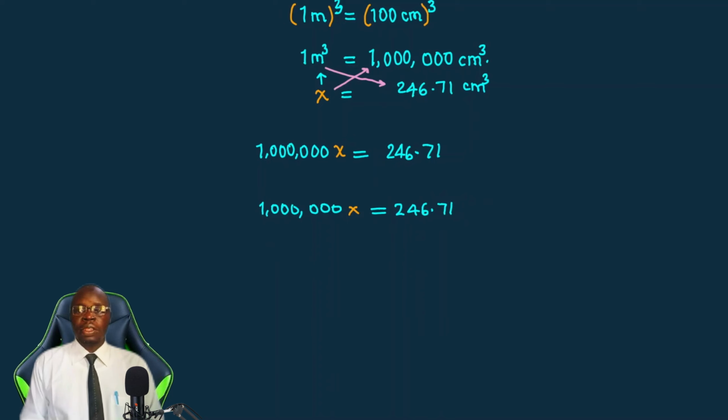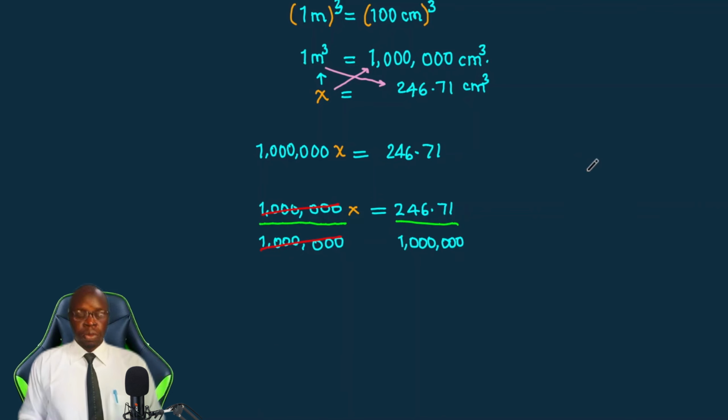Now at this stage, we can move on and have our division sign inserted here. So we have our 1 million getting removed from the left hand side and it's getting transferred to our right hand side here. So we can cancel our 1 million.